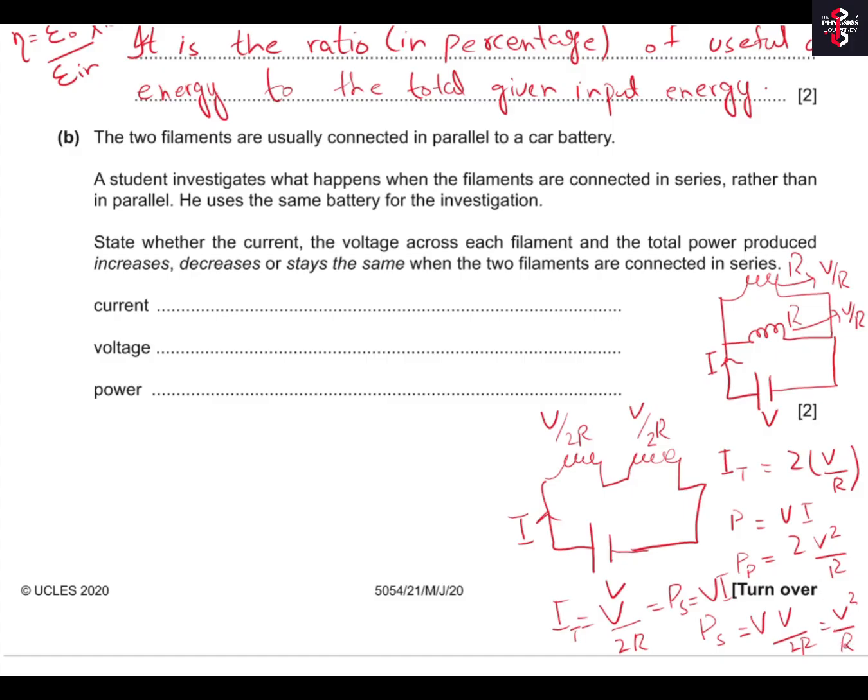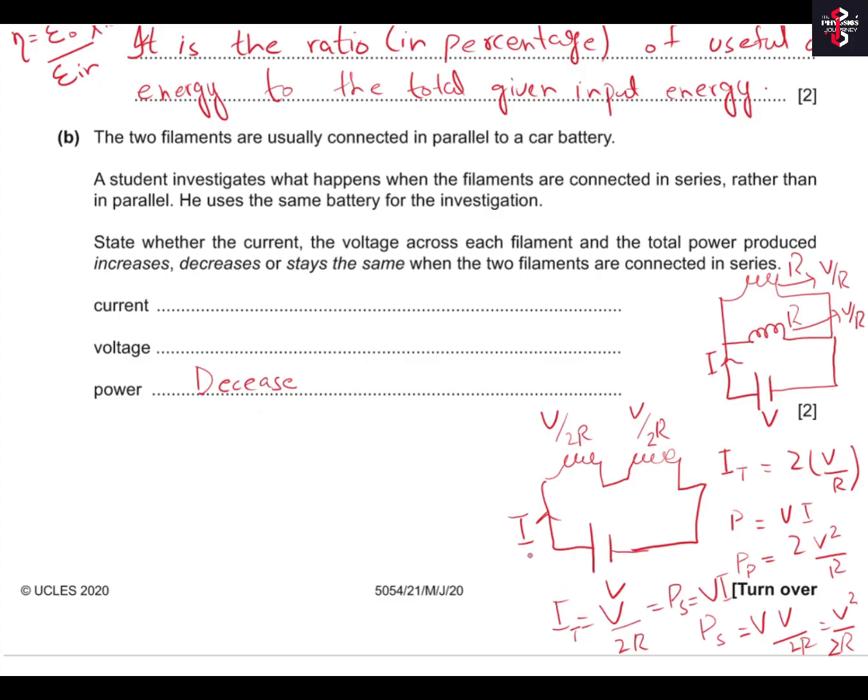Now let us have a look at the power. Power and resistance have an inverse relation. When it is connected in series, the resistance is 2R, so the power will decrease. Resistance is increased, so power will decrease. What will happen to voltage?